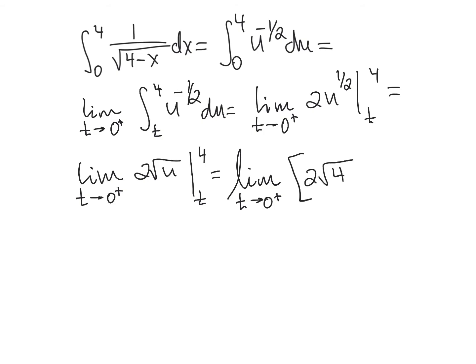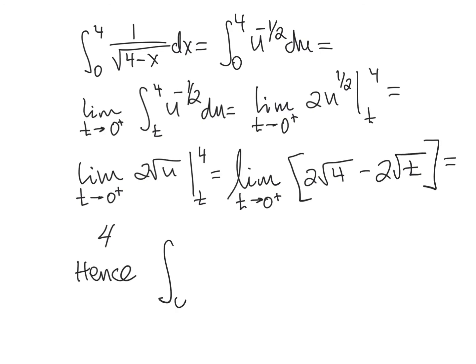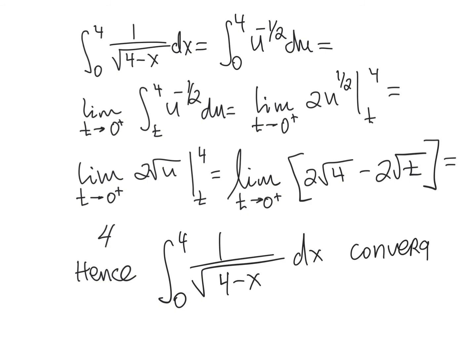We get 2 square root of 4 minus 2 square root of t. You can see as t approaches 0 from the right, 2 square root of t approaches 0. And that leaves us with 2 times square root of 4, which is 4. And hence the improper integral from 0 to 4 of 1 over square root of 4 minus x converges again to 4 using method number 2.